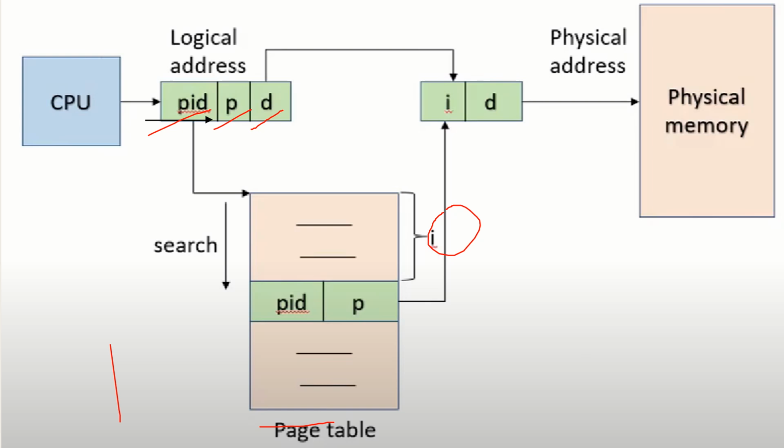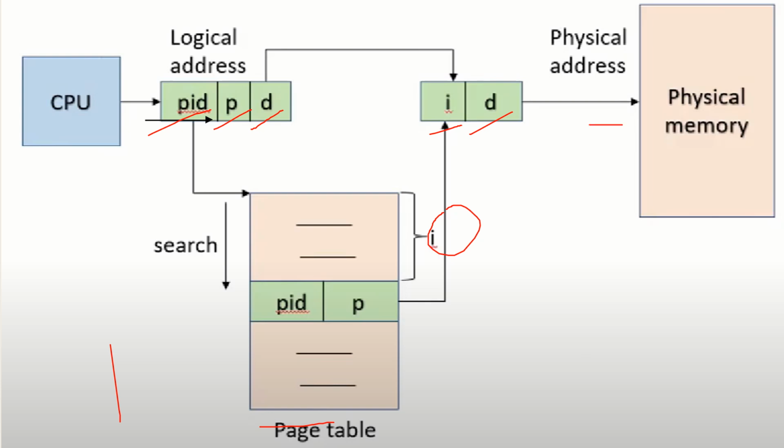So i is the frame number which will be used to compute the physical address, and the offset will remain the same. So i and d, the frame and the offset together, will give us the physical address, which we'll use to access the physical memory.